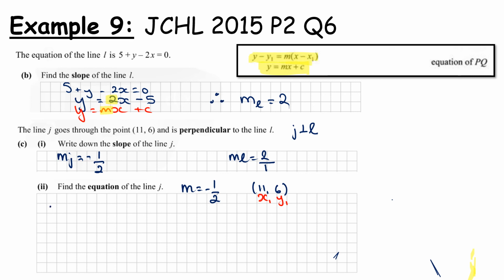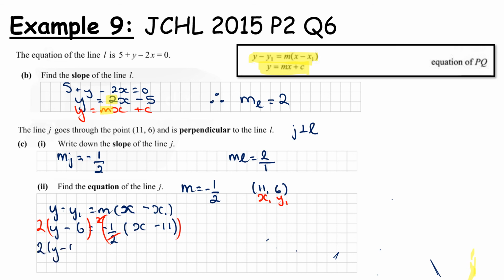And we get y minus y1 is equal to m bracket x minus x1. So y minus 6 is equal to minus a half times x minus 11. We first of all get rid of that fraction by multiplying both sides by 2. And we get 2 times y minus 6 is equal to minus 1 times x minus 11.